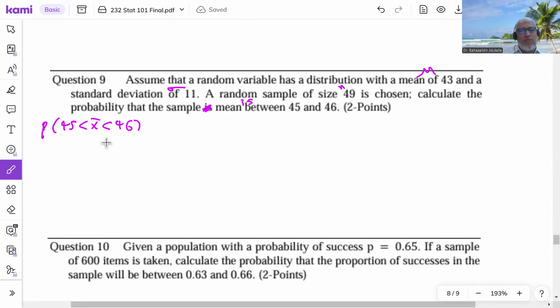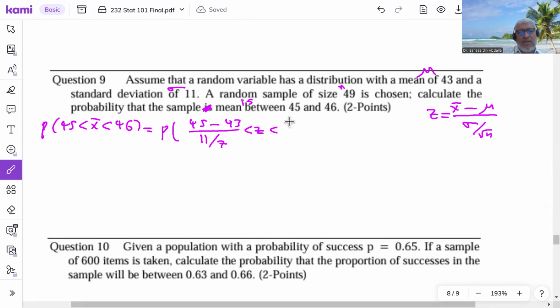To find this probability, we need to change x bar to z, where z is x bar minus mu over sigma over square root of n. So this would be the probability of 45 minus mu, which is 43, over sigma, which is 11, over the square root of 49, which is 7, less than z, less than 46 minus 43 over 11 over 7, using the calculator.